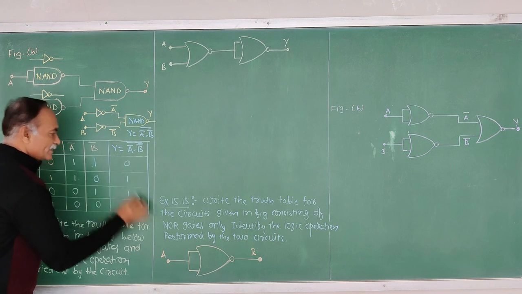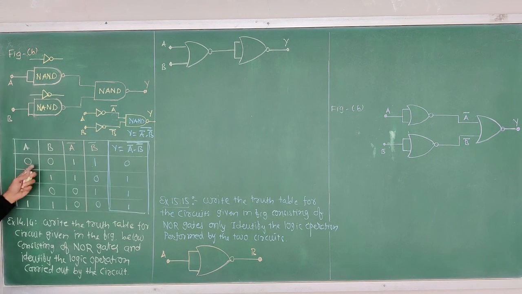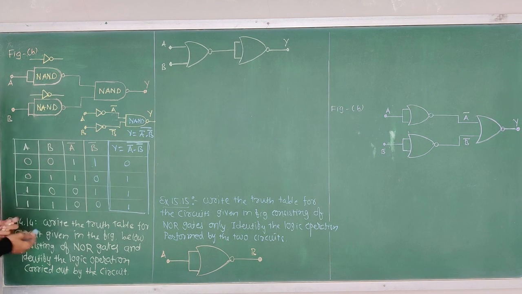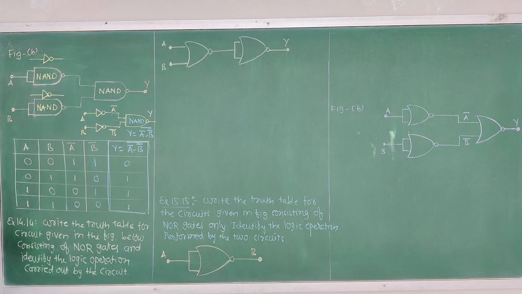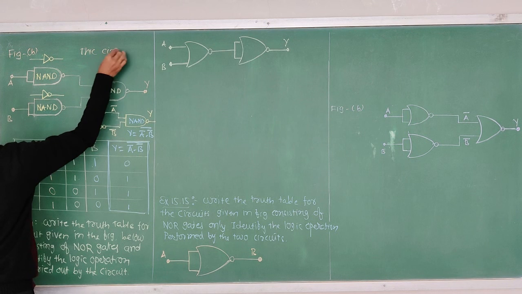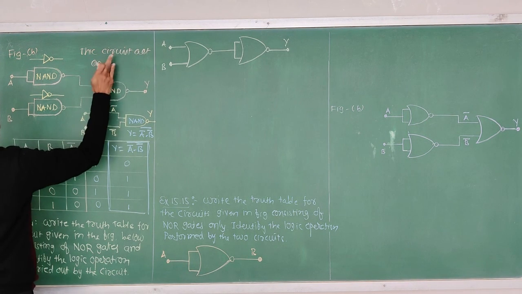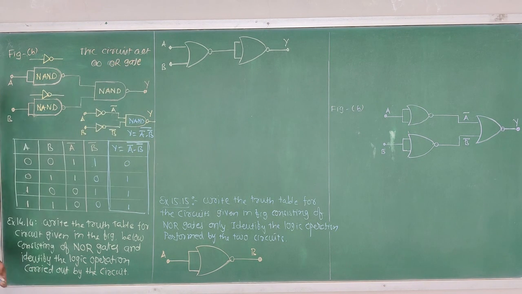So as we compare this output with the original input, we obtain the output 0 if both inputs are 0, otherwise 1. That means this circuit acts as an OR gate.